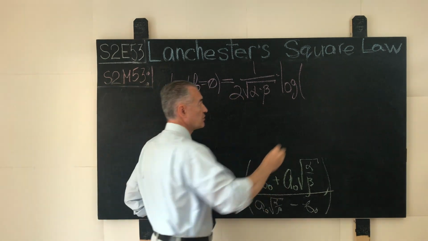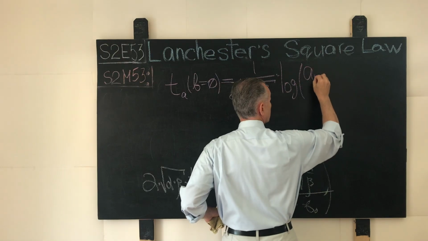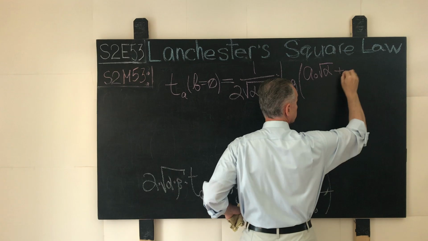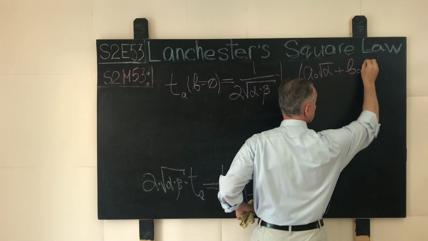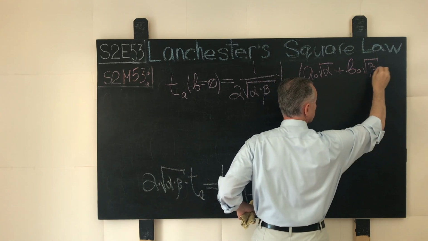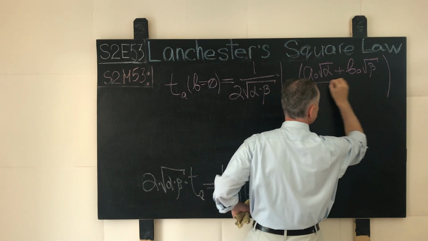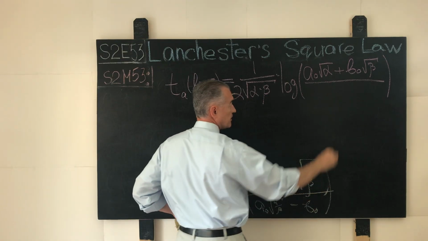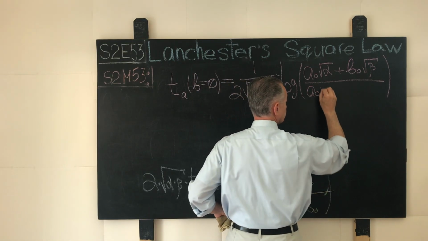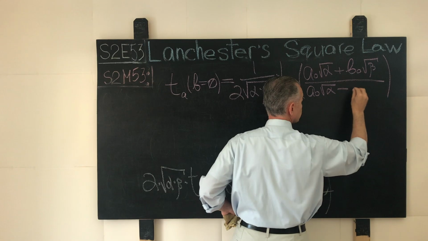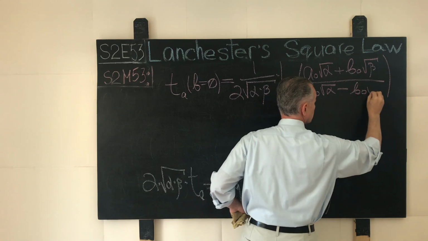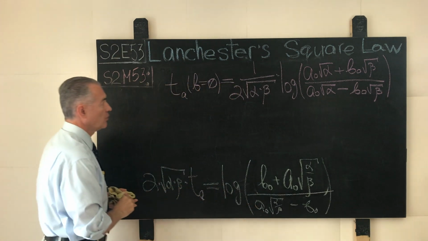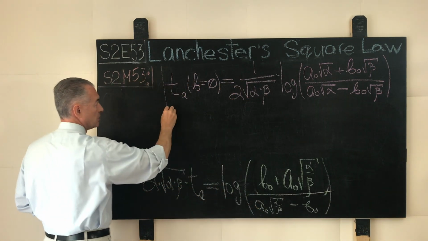We have a0 times square root of alpha plus b0 times square root of beta divided by the symmetrical expression over here, but there is a minus sign: a0 square root of alpha minus b0 square root of beta. Wonderful. So this is our expression.